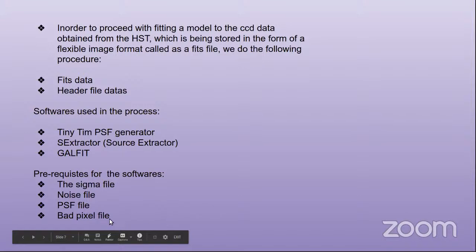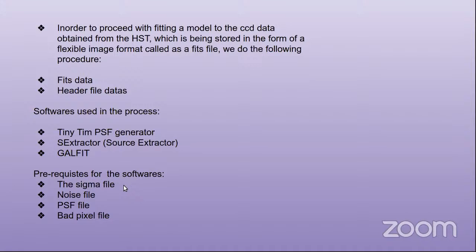It is optional. If we have one, we can give it, and if there is a constraint file, that could also be given, but the first three are the most needed. If we have a noise file, we can give it. Otherwise GALFIT itself will run over this FITS file, find the Poisson error, make a noise file by itself, and start constructing a model based on that.